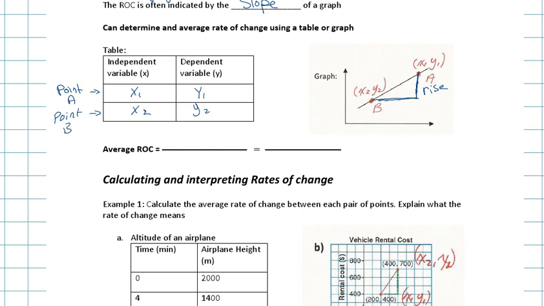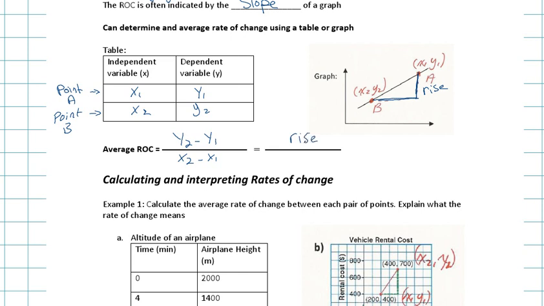So what would my formula be for the slope? Point A, x2 minus x1, y2 minus y1. So the change in y, the change in your rise. Remember, the formula is rise over run. Rise is your vertical change.